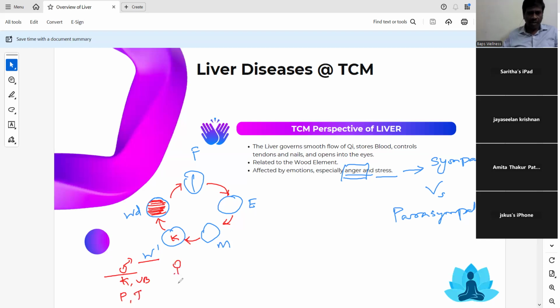In case of female, KUB, uterus and ovaries. So there will be some kind of aberration in one or two or many of the organs of the water element.